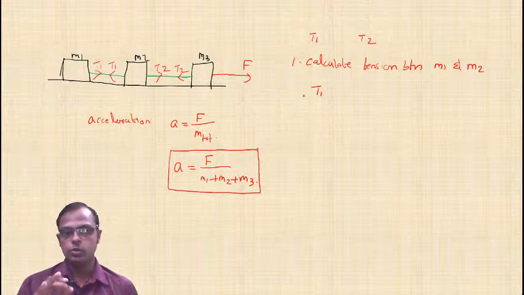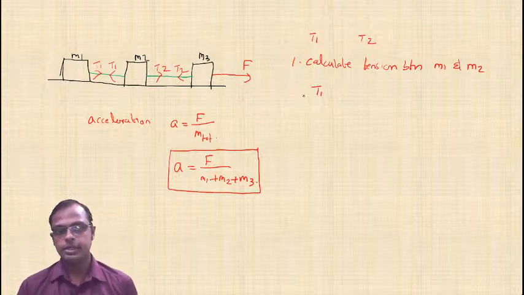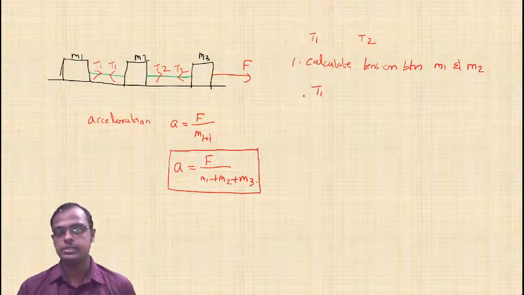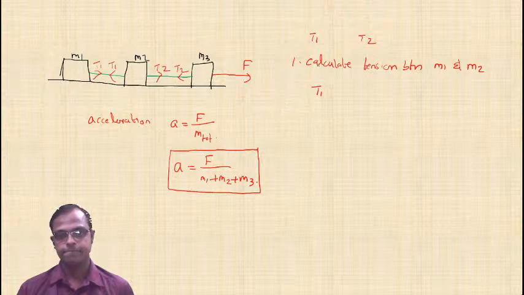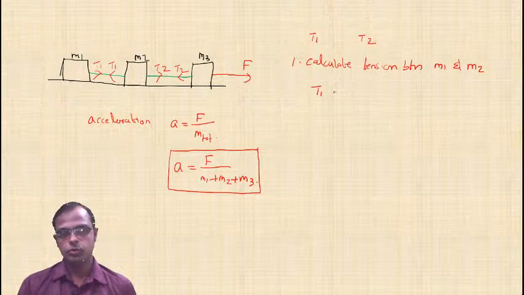As you already know, T1 is a tension, it is a force, right? Now just look at the diagram here. This T1 makes one body accelerate. Which body? Everyone please type it.